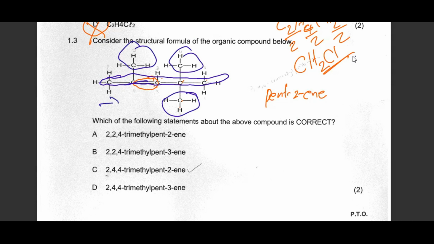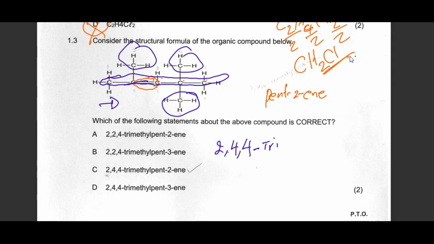Because I use this direction when I'm counting 1, 2, the first branch is on 2, 3, 4. The second branch is on 4, and then another branch is on 4. But because all of them are the same type, automatically I'm going to have a tri.